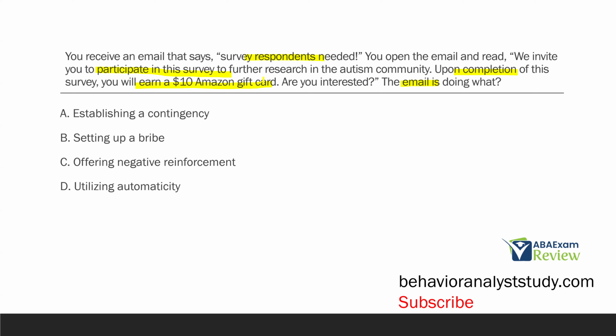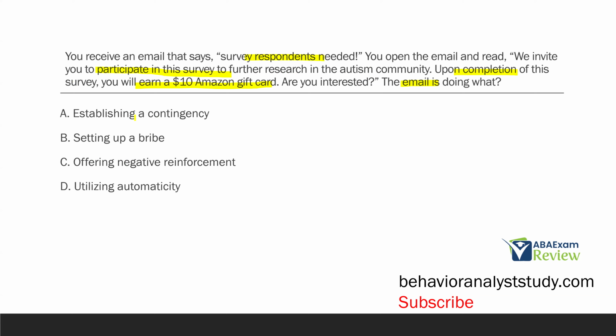So what is the email doing? Well, the email is doing A. It's establishing this contingency. If you complete the survey, then you get the gift card. If you don't complete the survey, you don't get the gift card. So how is that different than setting up a bribe? Well, because a bribe is almost the opposite of a contingency.